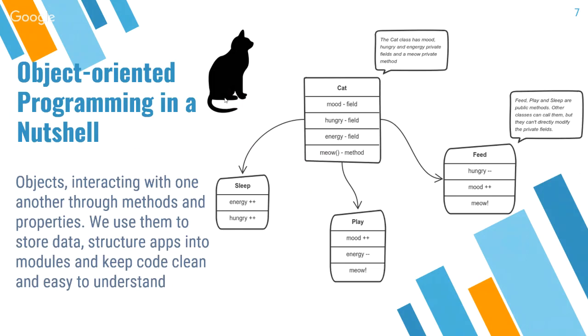So objects interact with one another through methods and properties. We use them to store data. As we said before, we can use objects to store data in a neat way. We use objects to structure apps into modules and keep code clean and easy to understand.